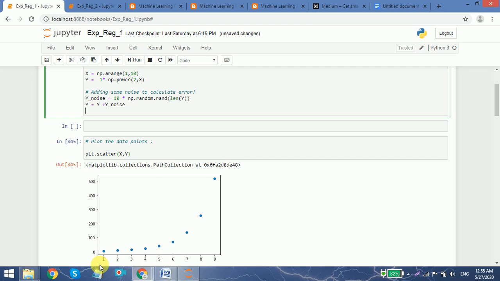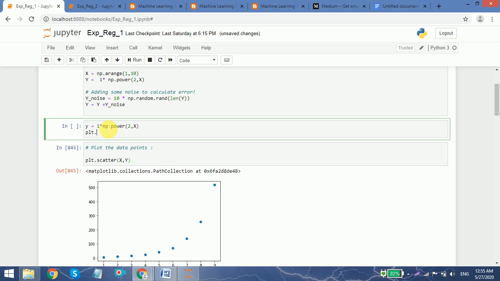Let me quickly write small y equals 1 into numpy.power of 2 raised to x, and plot it in a scatter plot.